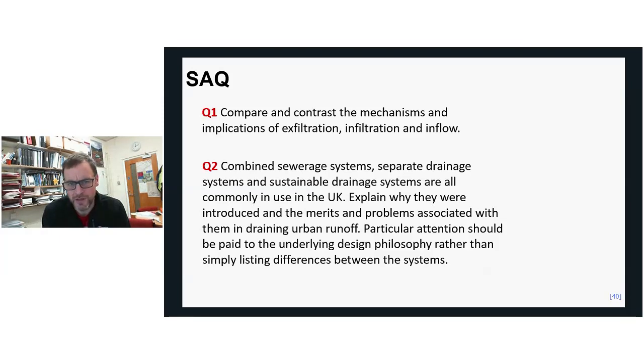A key problem with combined systems is CSOs, and then we transitioned to separate systems because they removed the need for CSOs, but separate systems didn't really remove the environmental impact associated with pollutants getting washed off urban surfaces and on into urban watercourses and other receiving water bodies. And so really the solution to that problem is sustainable urban drainage systems, and have a think about how they solve that problem. So a couple of questions there.